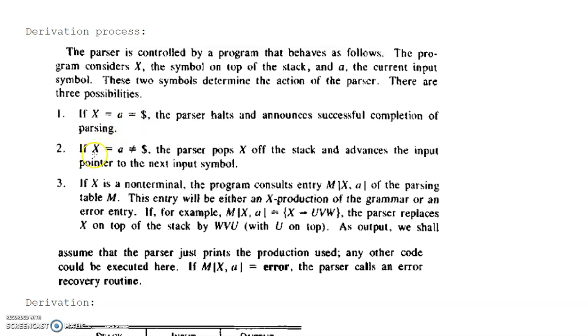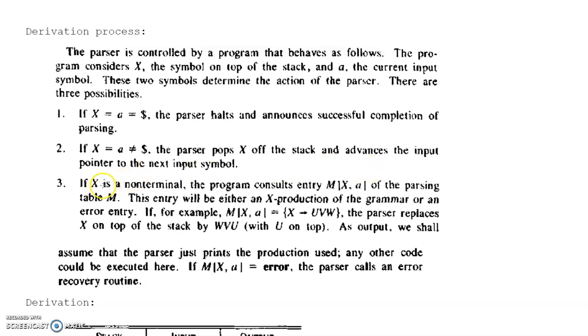If the top of the stack and the input symbol are both equal and it is not dollar, in such case, we have to pop the X from the stack and move the pointer towards the next input symbol, that is, advance the pointer towards the next input symbol.